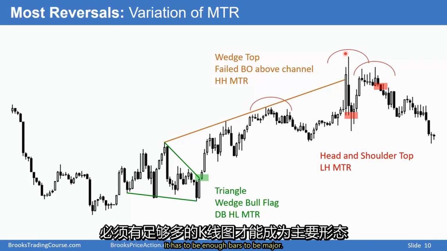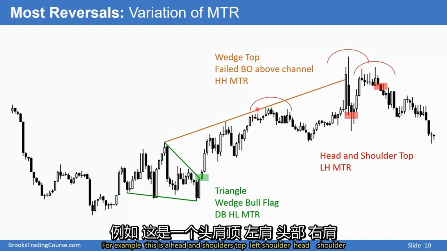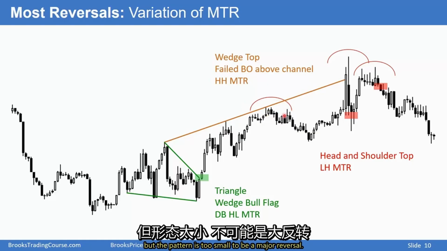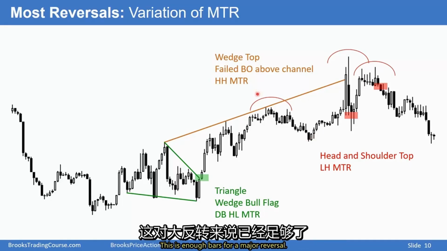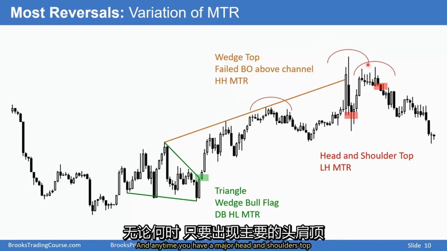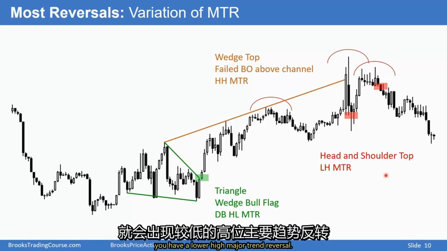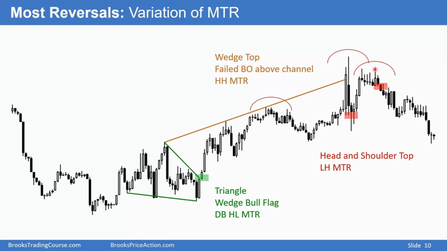It has to be enough bars to be major. For example, this is a head and shoulders top, left shoulder, head, right shoulder, but the pattern is too small to be a major reversal. You expect only a minor reversal in a trading range or a bull flag. This is enough bars for a major reversal. And anytime you have a major head and shoulders top, you have a lower high major trend reversal.